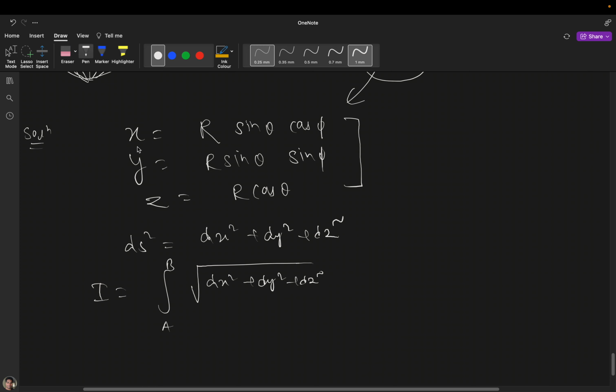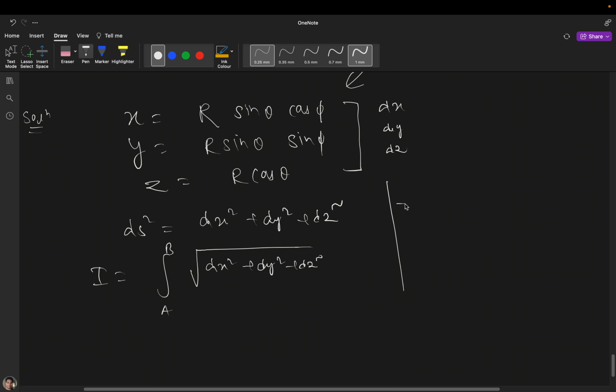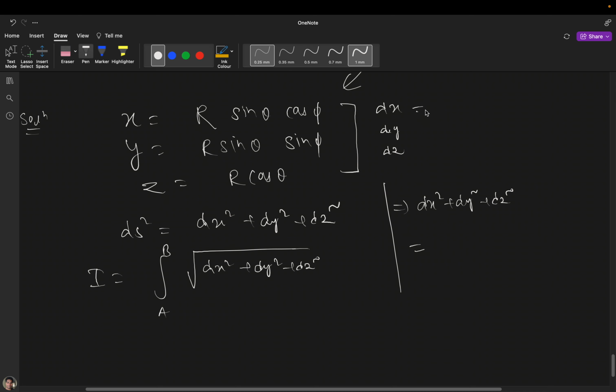When you differentiate x, y, and z by considering theta and phi as variables, you know what you will get when you simplify it. I will not differentiate completely. I can write dx as r cos theta cos phi d theta minus r sin theta sin phi d phi.